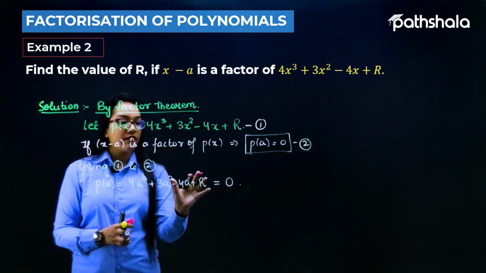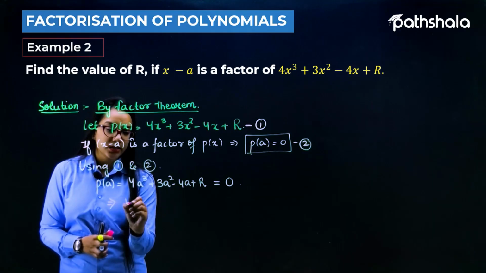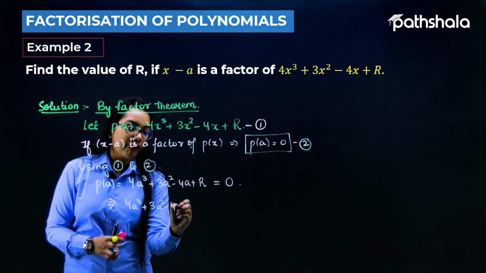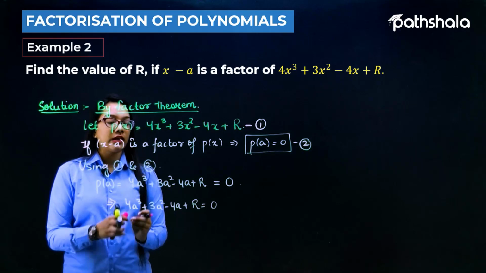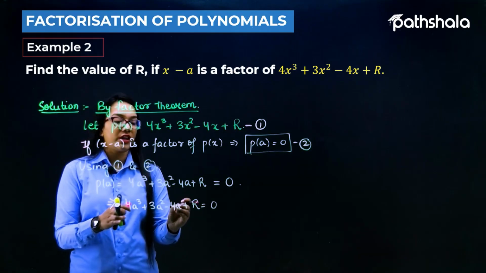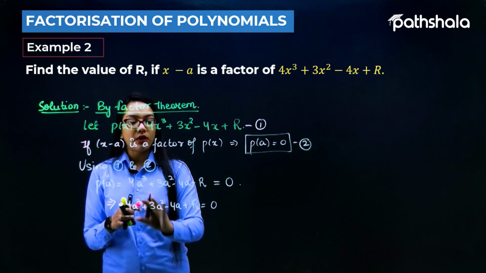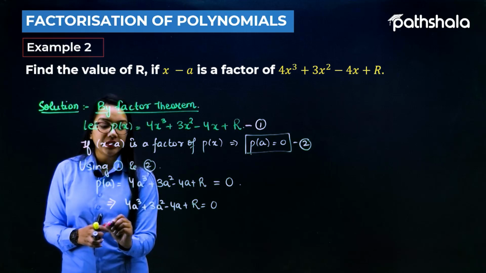Now let's find out the value of r. First of all, we have the terms 4a cube plus 3a square minus 4a plus r, which is equal to 0. As there are no like terms over here, we cannot add or subtract any such terms. So let's take all the values to the right hand side so that we can get the value of r in terms of a.